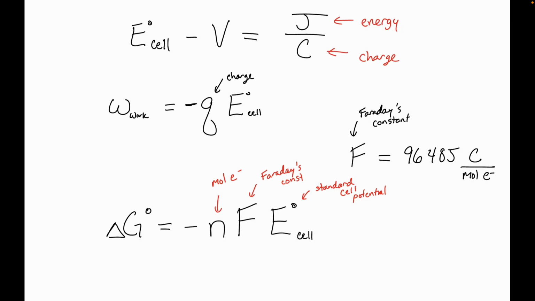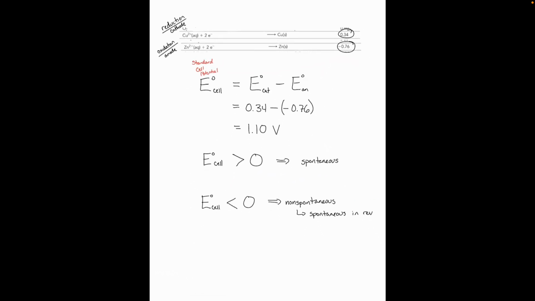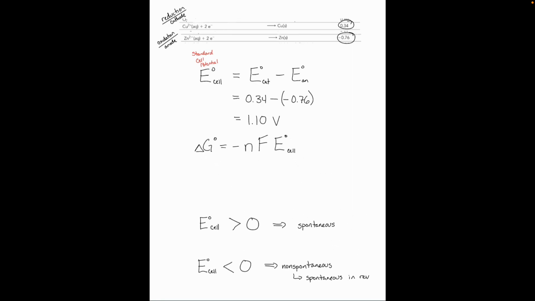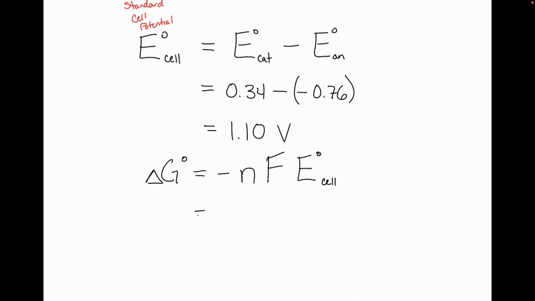All right, so let's just go back to our previous example here. Now if we use our new equation here, we're going to plug in our value for our E that we calculated, our standard cell potential, that 1.10 volts. We got Faraday's constant, that constant value, 96,485.